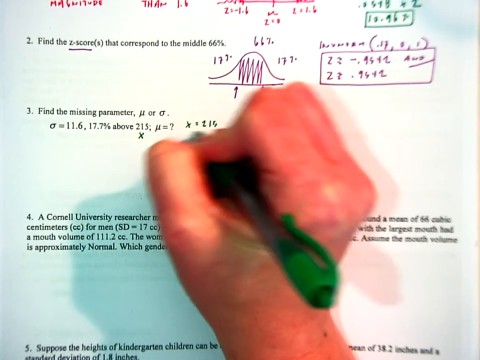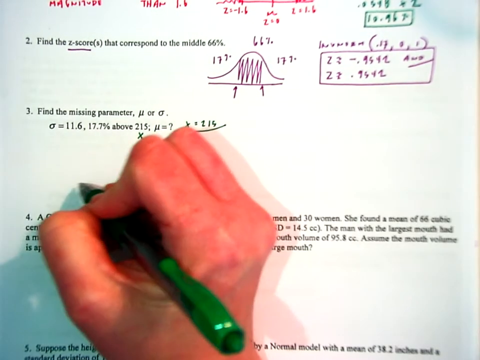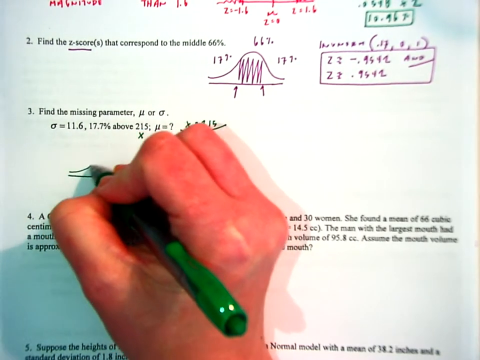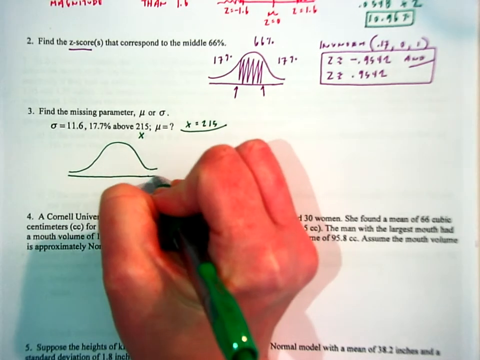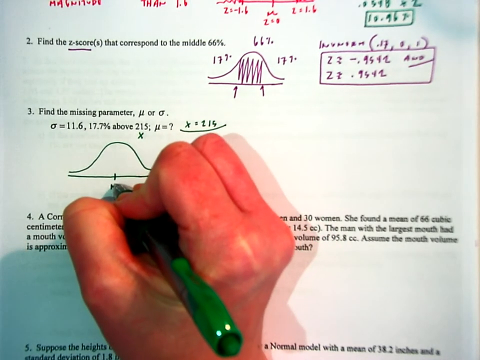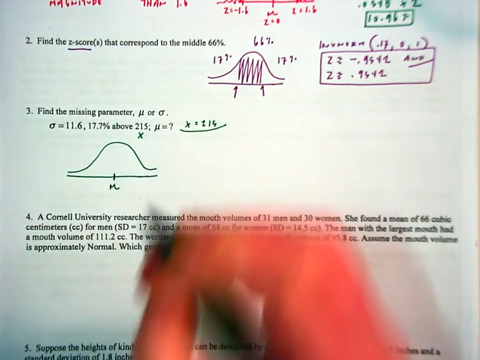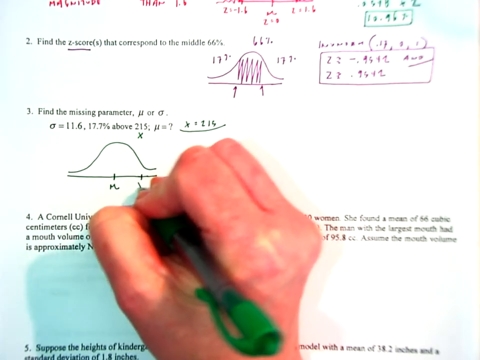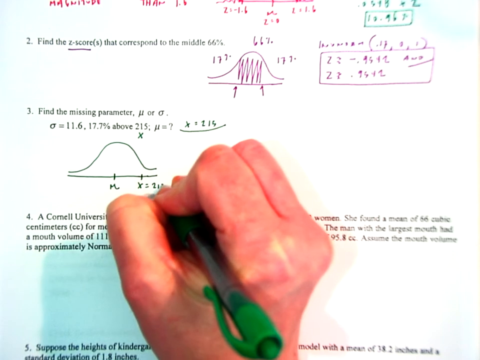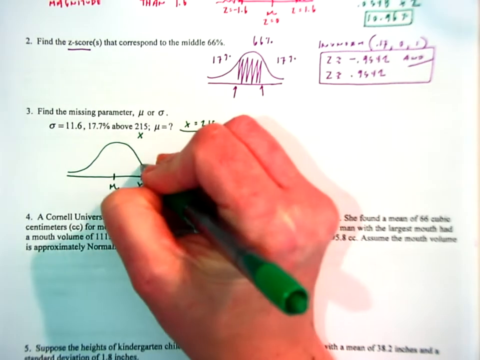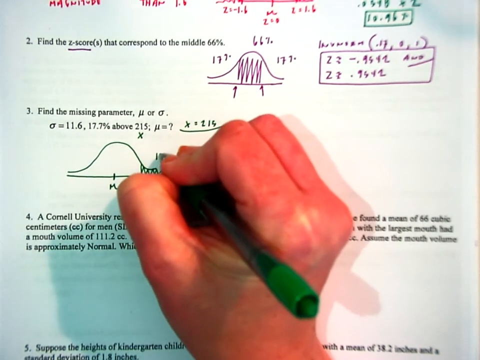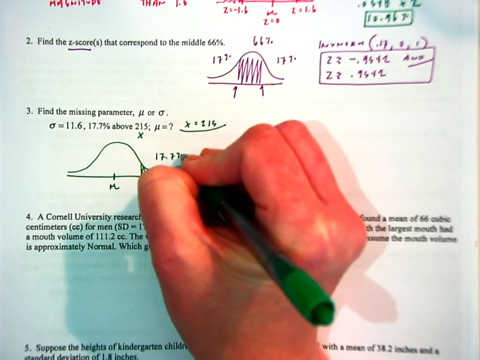Let me just emphasize that. Let's visualize it. Here is my normal curve. Here's where my mean should be that I do not know. I know that at an x value of 215, 17.7% falls in this region.